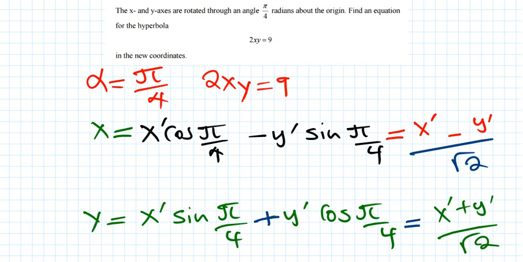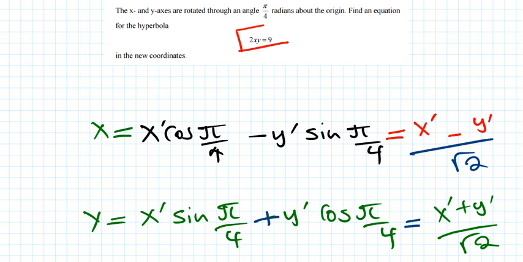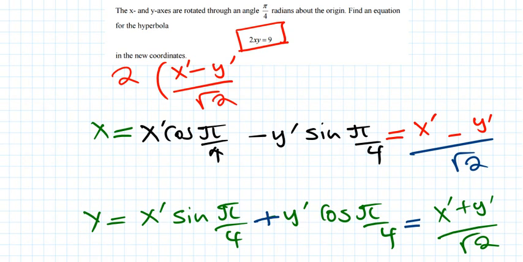Okay, now after you've done that, you just have to go back to the equation that we were given, and it's very simple at this point. We just substitute now. Where there's x, you put what we found. So we're going to have x prime minus y prime over root of 2, and then for y we have x prime plus y prime over root of 2 as well.